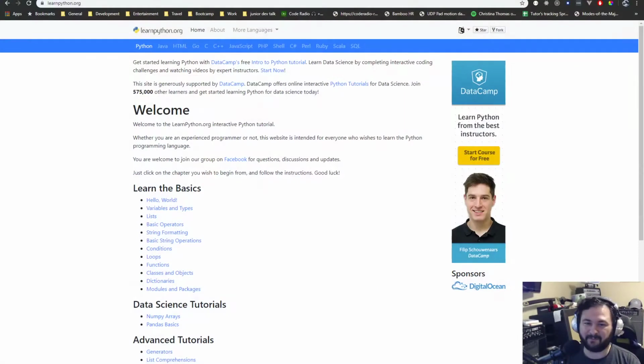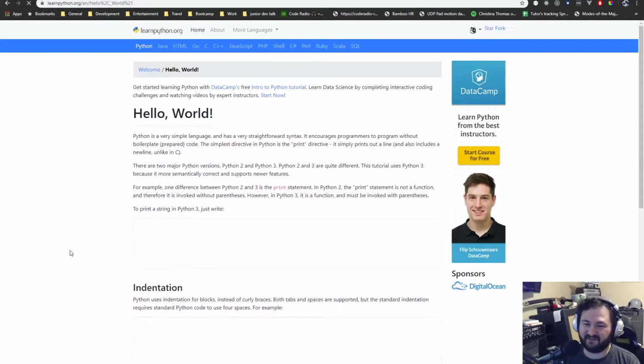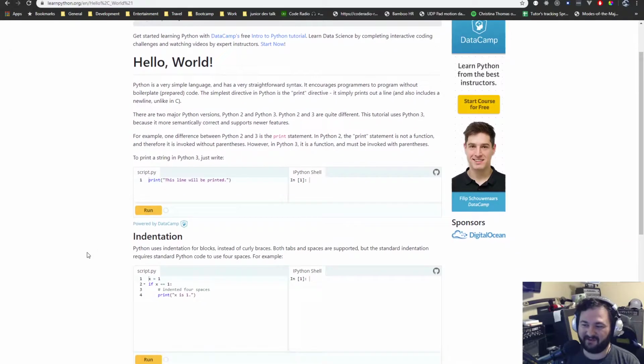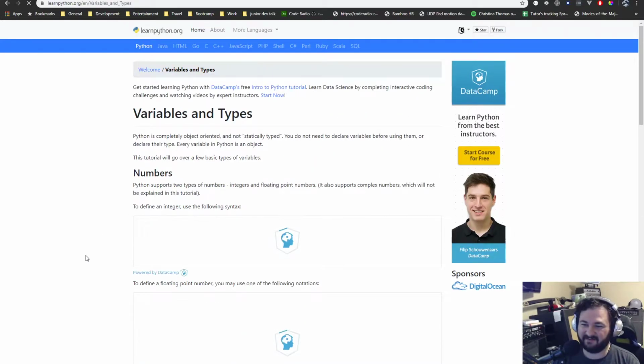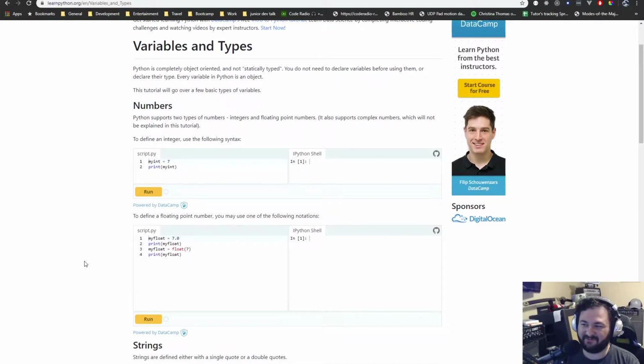So look up a Python tutorial real quick. Yeah, here's a good example. When you look up code tutorials like this and you want to learn Python, it starts with a hello world example. Here's how you do a print statement. All right, next thing. Here's how I do a variable.